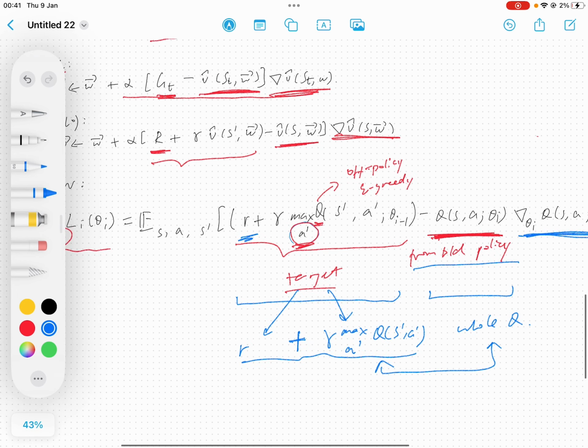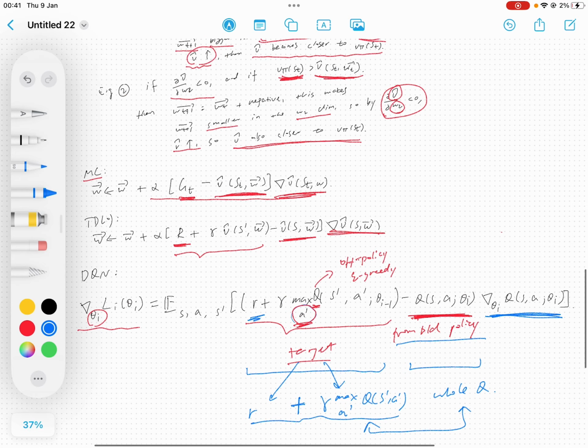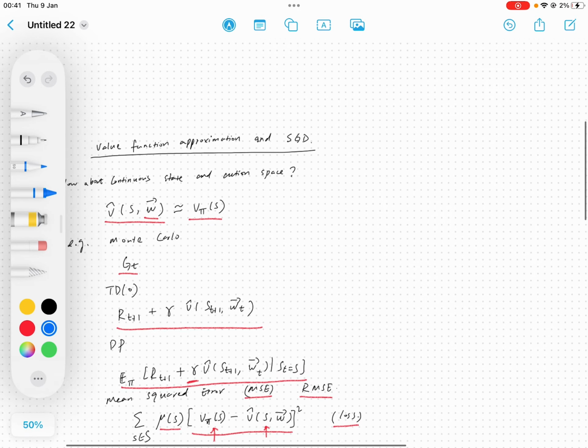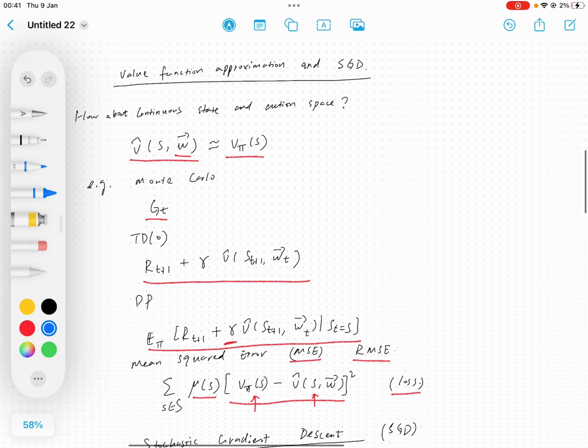All right, you can refer to more details of DQN that we have discussed earlier in the other episodes, okay? All right, so today we discussed value function approximation, and we understand why we need those approximations, and the very important method called stochastic gradient descent for us to implement those approximations in different algorithms, right?